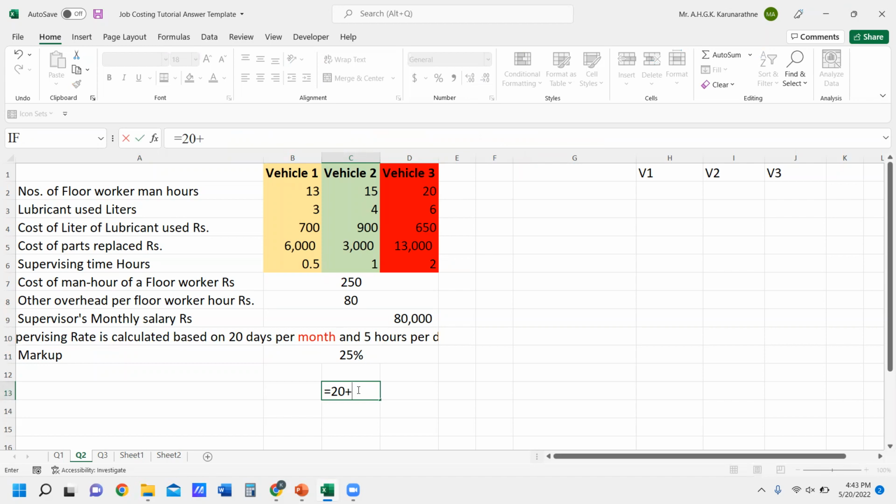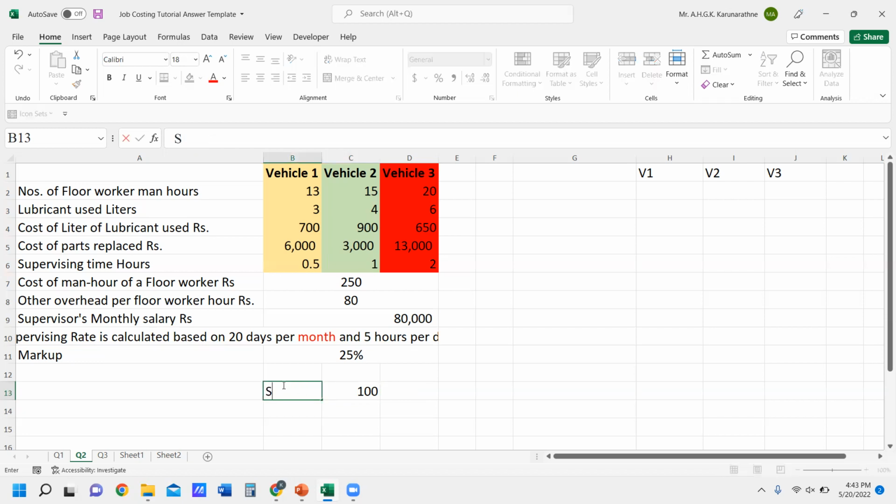5 hours per day. Then the number of supervisory hours employed is this much. 100 supervisory hours employed by the supervisor. Right?